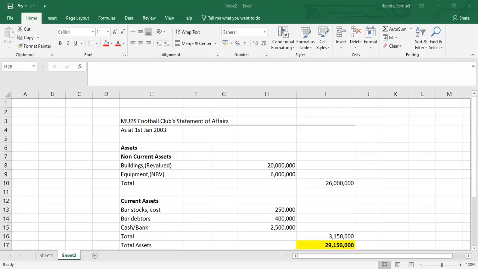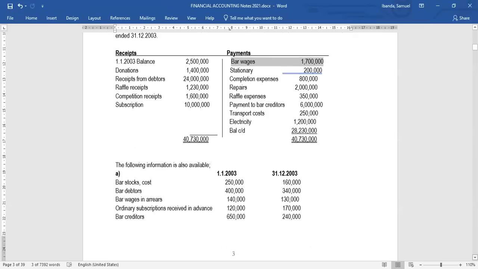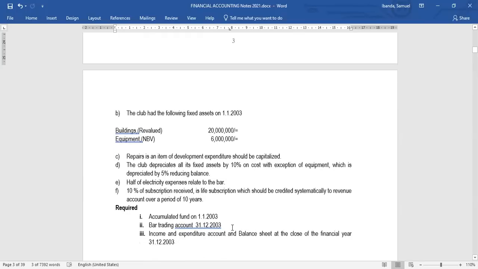Very similar to that, they asked us to calculate a bar trading account.